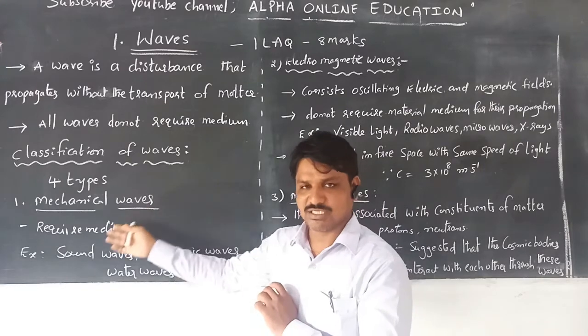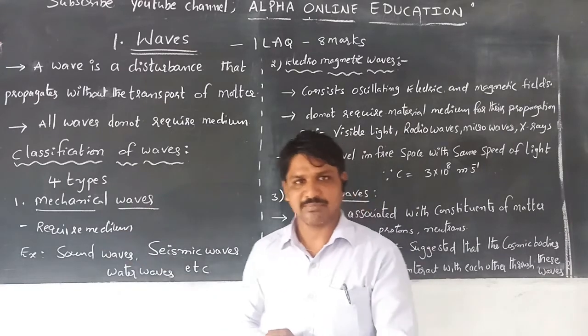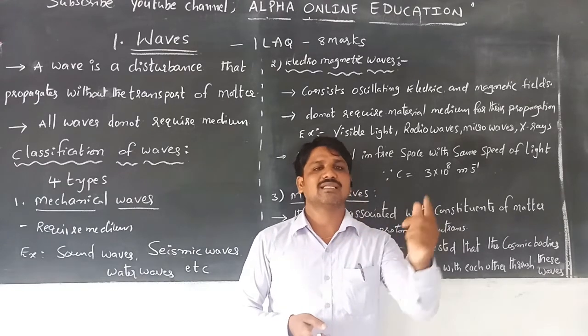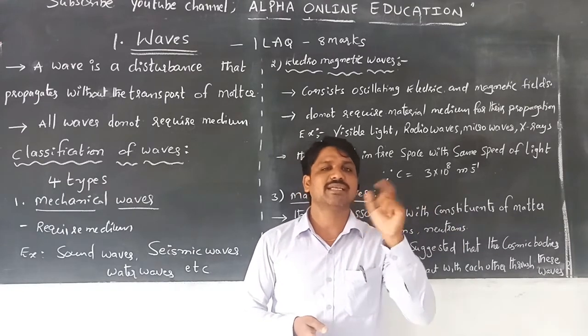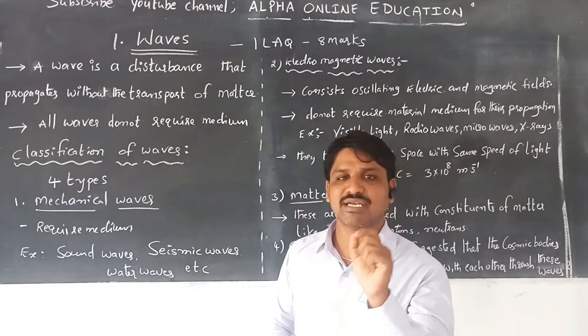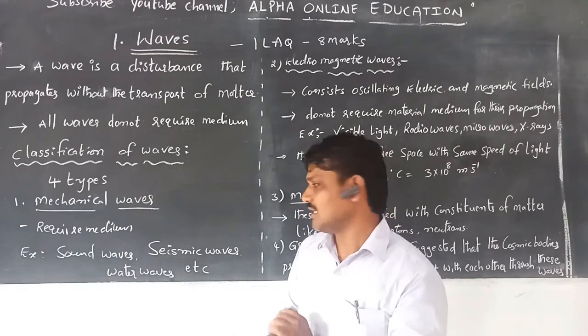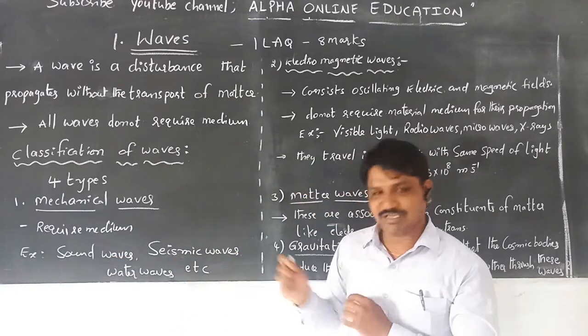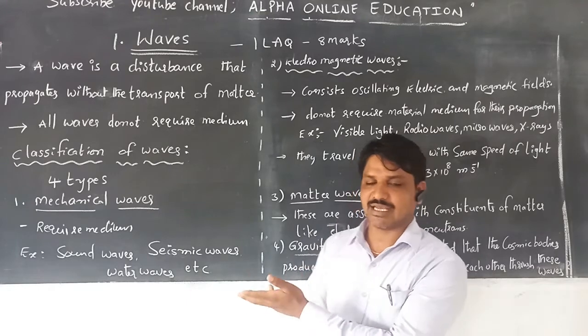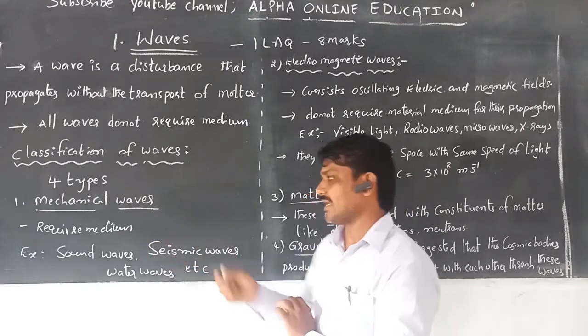For example, sound waves: when we speak something, some material is needed to reach the other point. So mechanical waves require a material medium to propagate. Sound waves, seismic waves, and water waves are examples of mechanical waves.